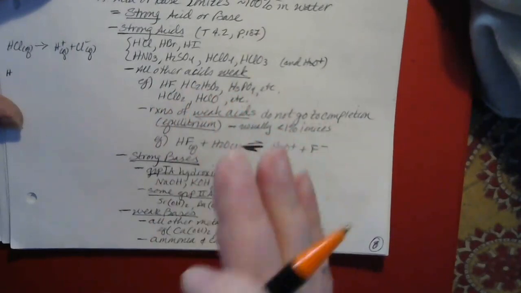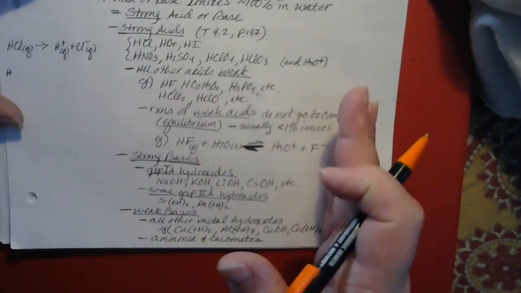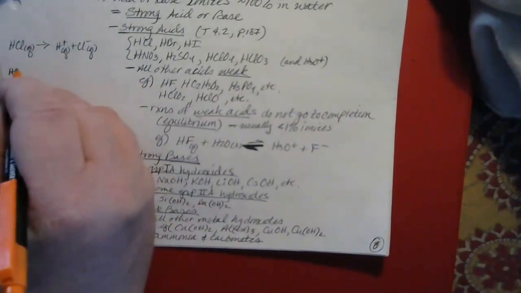And when a reaction does not go to completion, we use a double-headed arrow to indicate that it's going in both directions at once and it never reaches full completion in either direction. So if we were to take the weak acid HF, aqueous, in water, we would find that it partially dissociates or ionizes into H plus and F minus, but not fully.